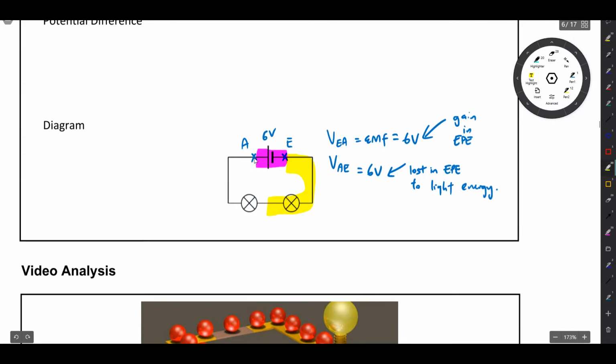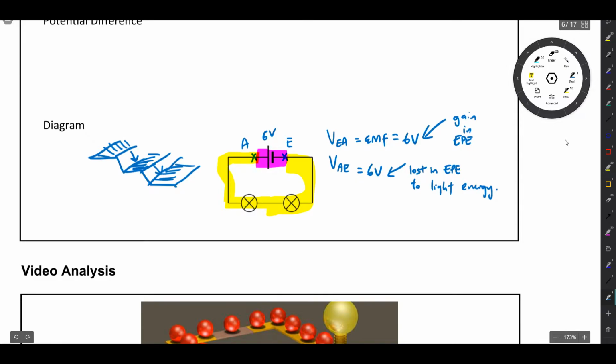Then we also learn about potential, which is kind of like your gravitational potential energy. If, let's say, I have a hill, something like that, the energy will be the same over here because it's on flat ground, but it will decrease as it goes down, and it will remain the same over here, and it will decrease as it goes down, and it will remain the same over here.